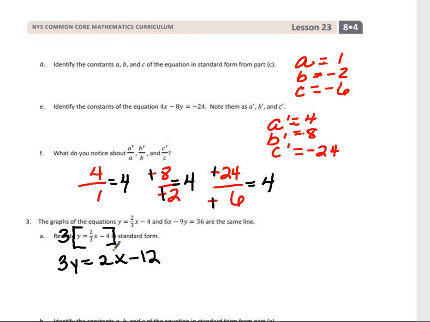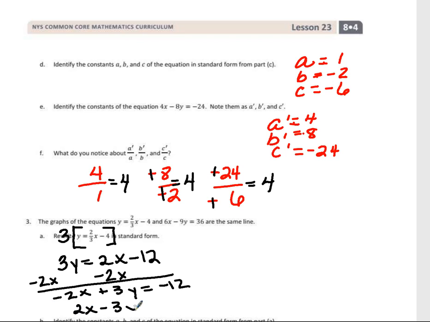And we need our x's over on the left, so I'm going to subtract 2x from both sides. I now have negative 2x plus 3y equals negative 12. And I can't have a negative at the beginning of my standard form, so I switch all the signs. So I just have 2x minus 3y equals 12.